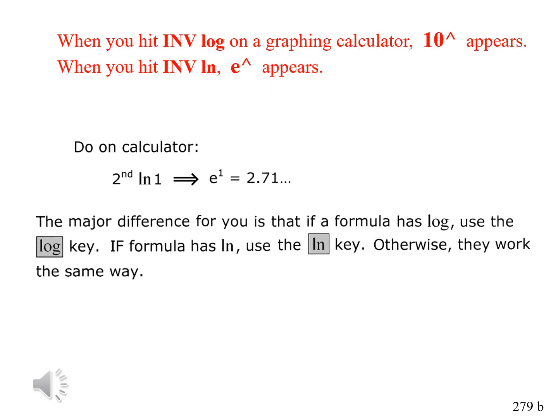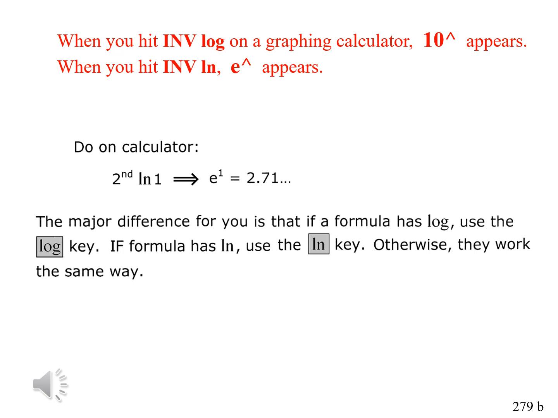You already know from pH that if you hit inverse log on your calculator, you get 10 raised to the power. But if you hit now the inverse ln, what you get is e raised to the power, because your calculator is pretty smart and it knows that that's what the inverse ln is.